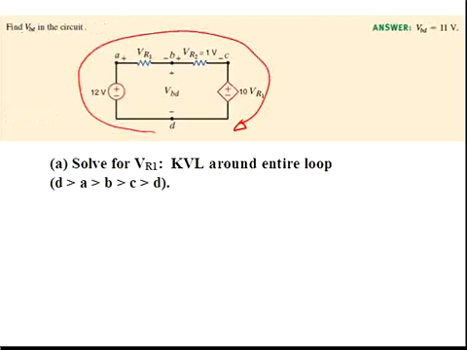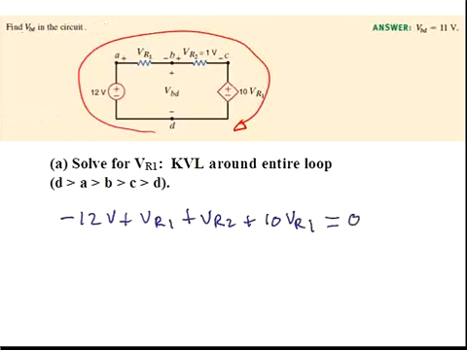So beginning at node D, we have minus 12 volts plus VR1 plus VR2 plus the dependent source, which has an amplitude of 10 VR1, and that's equal to 0.